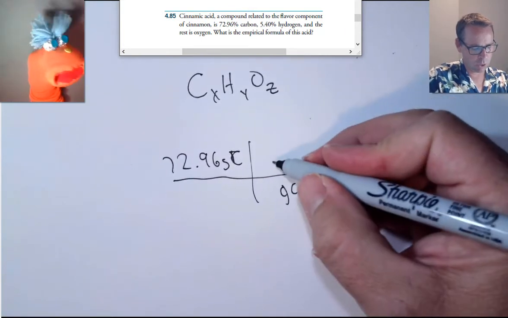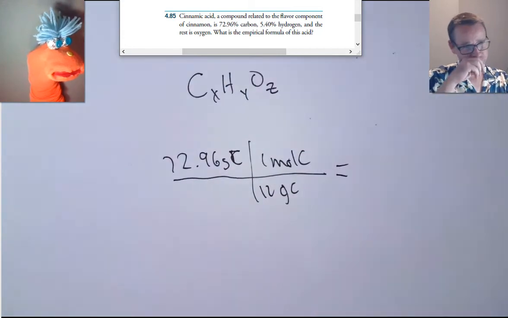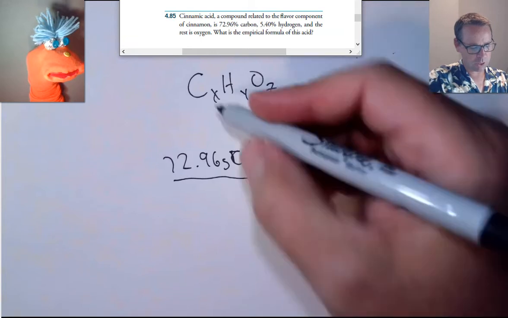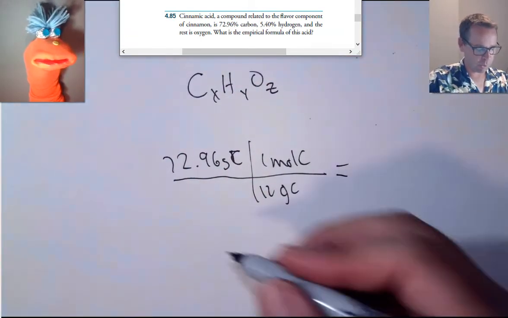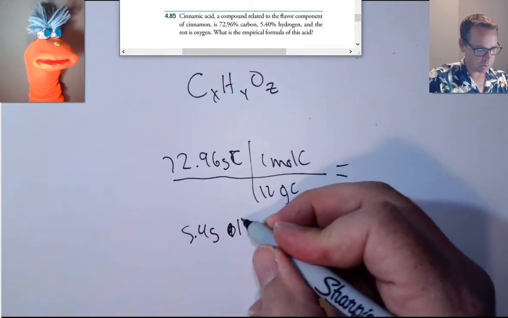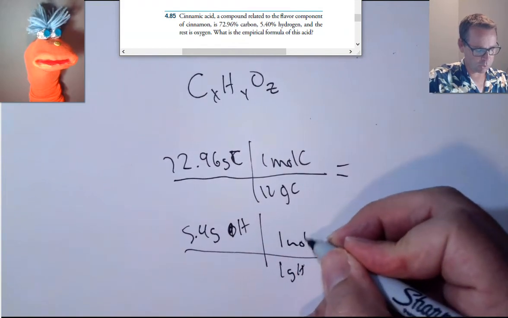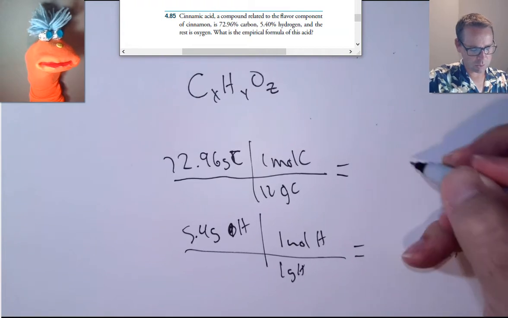Because we want the molar ratio. That's right. So 12 grams for every mole. Very good. And then that value would be the value that you'd put here, correct? Yeah. And then for the 5.4 grams of hydrogen, we go 1 gram of hydrogen for every 1 mole of hydrogen. And then that would give us moles of hydrogen.